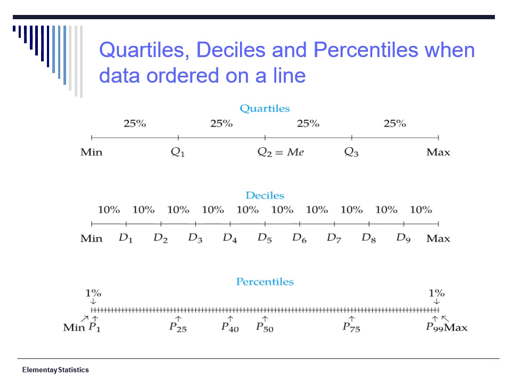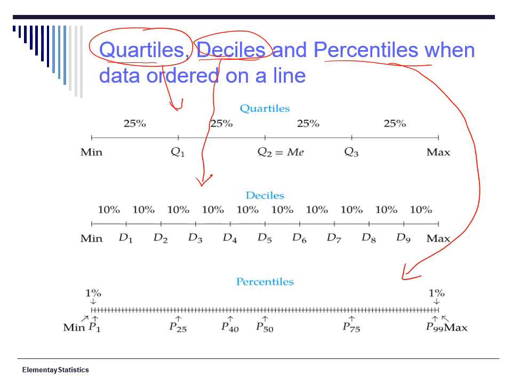Now let's see the comparison between the quartiles, deciles, and percentiles. Quartiles divide the data into quarters, deciles divide the data into 10 groups, and percentiles divide it into 100 groups. So these are the separators. For Q1, the first quartile, 25% of the values are before Q1.